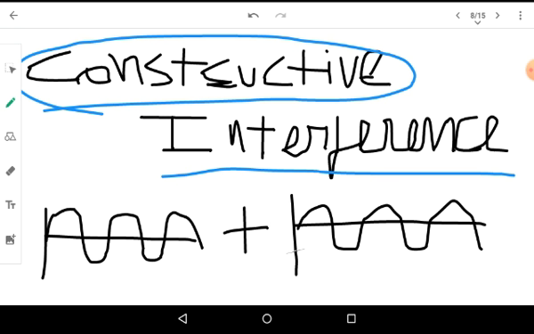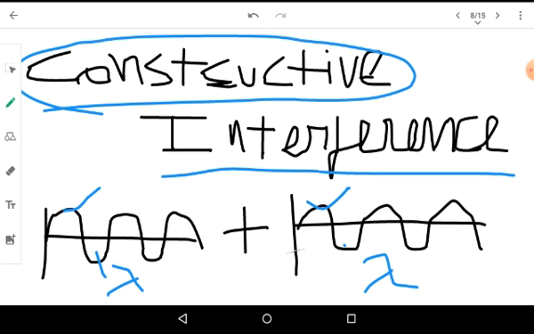Consider these waves. They both have the same lambda, and the amplitude is also the same. When you add these waves, the amplitude is in the same direction: when this is upwards, this is upwards, and down and down.